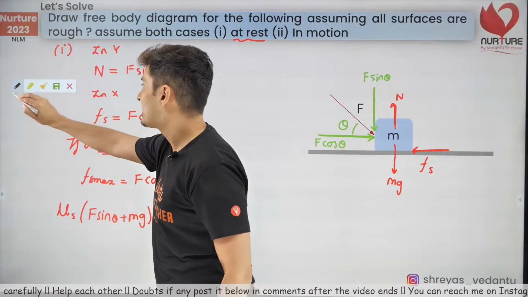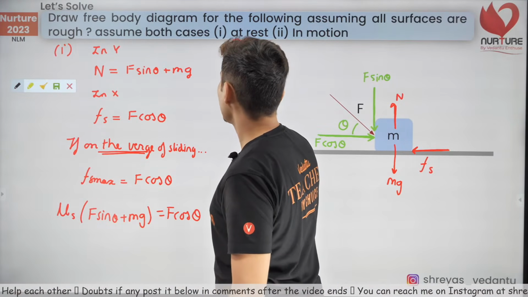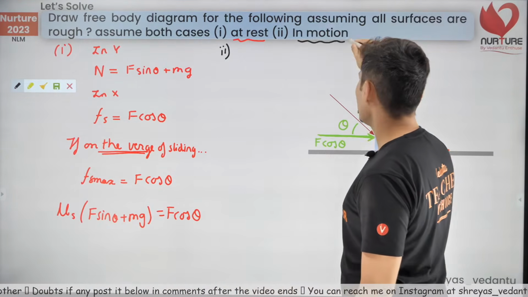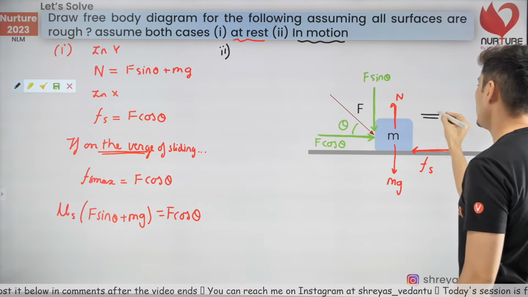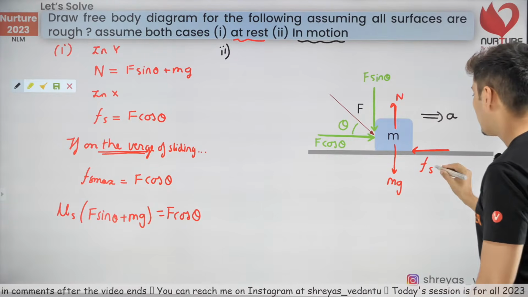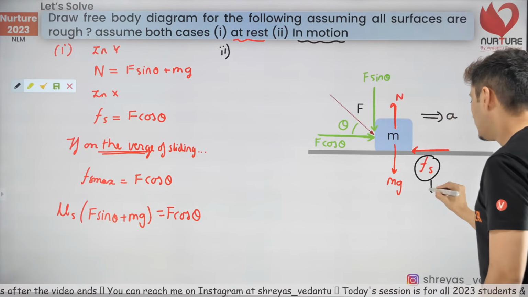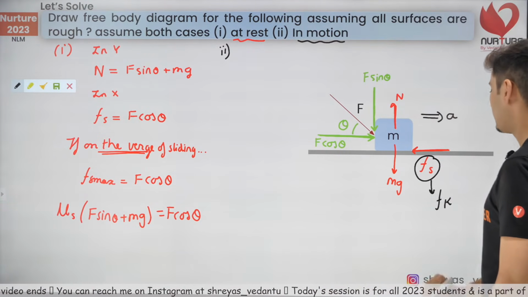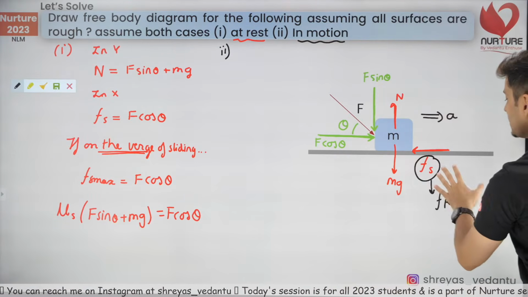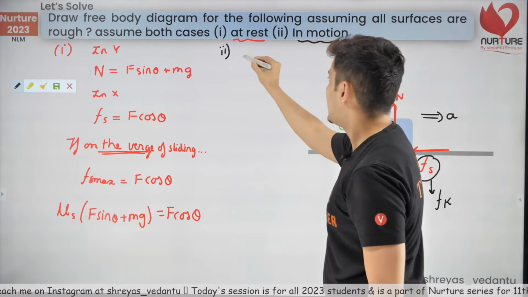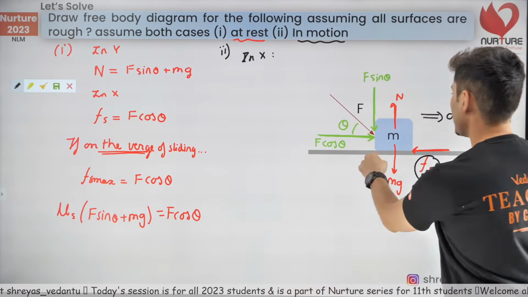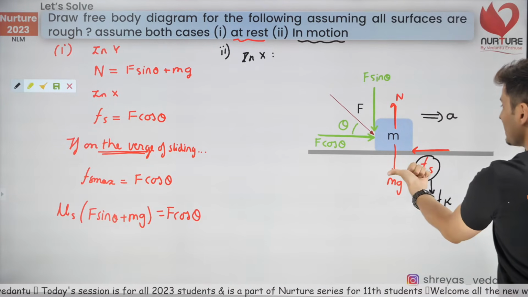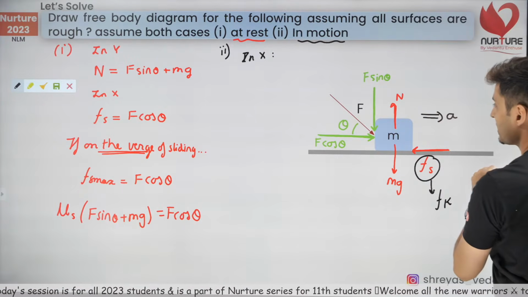Now let's solve the second scenario. In the second scenario, it is actually in motion. Where will it move? You're obviously applying the force here. It will obviously accelerate this side, but this friction will now turn into kinetic friction. So my equation of motion in the x direction will be: this force minus this force is mass into acceleration.